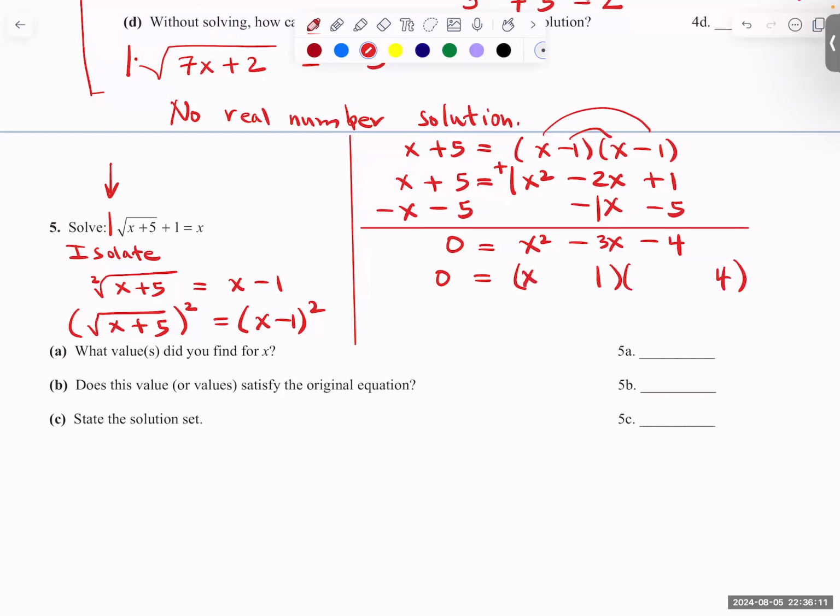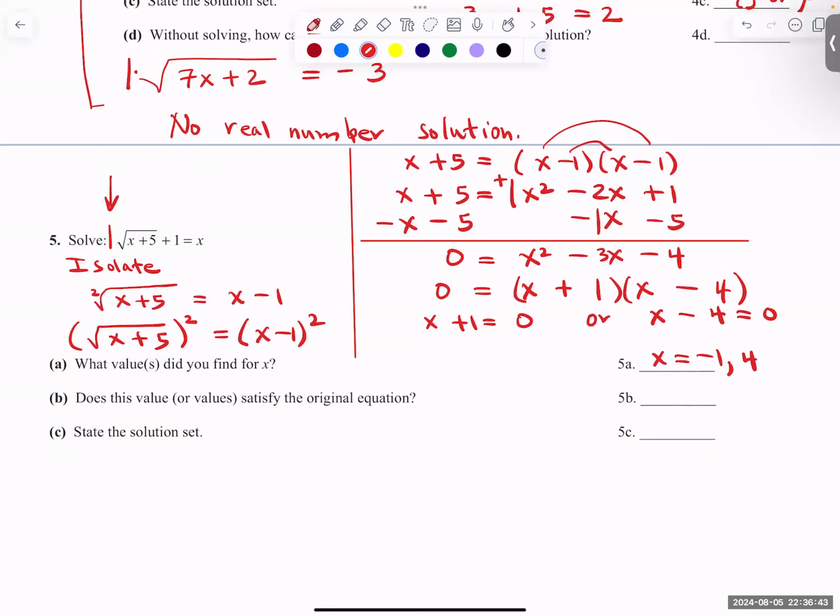To get a minus 3x as the middle term, we'll multiply x minus 4 times x plus 1. Check by foiling that you get minus 3x and minus 4 as the constant. So we find that either x equals -1 or x is equal to 4.